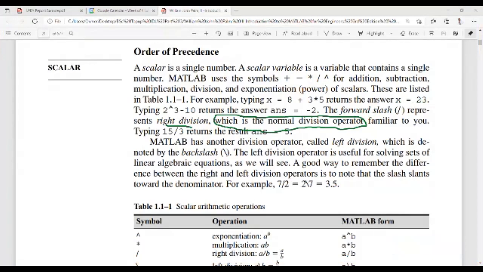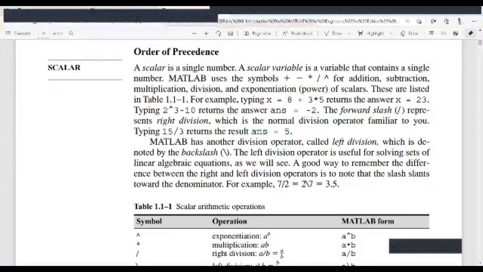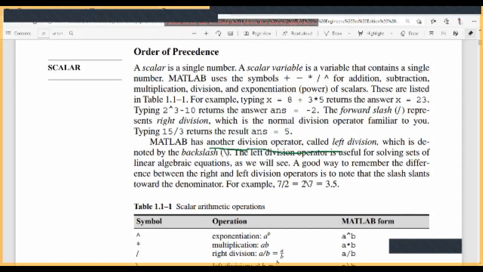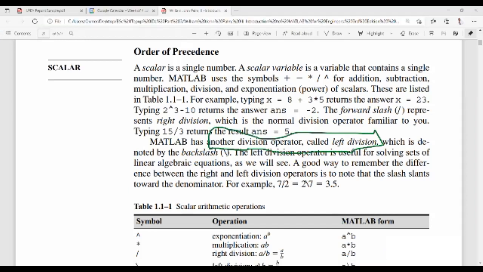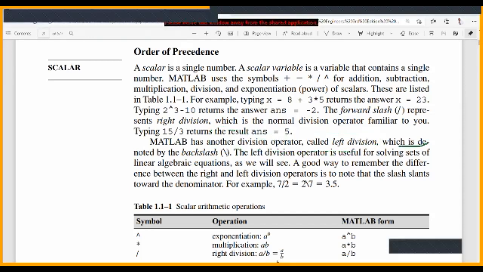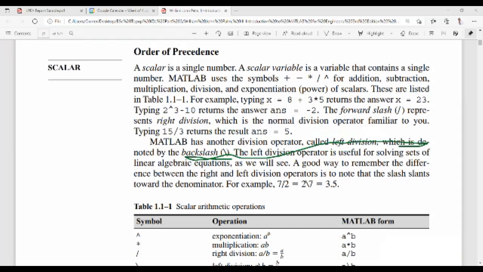So let's go to the other division. MATLAB has another division operator, the left division. Yes, this is called the left division. So what does the left division do? It says it is denoted by backslash. So the forward slash is a normal division, which is the right division.